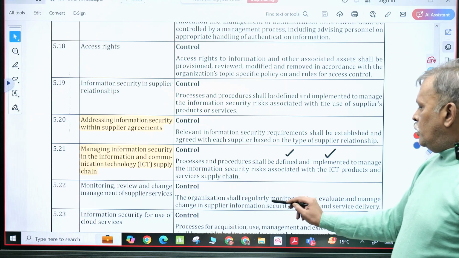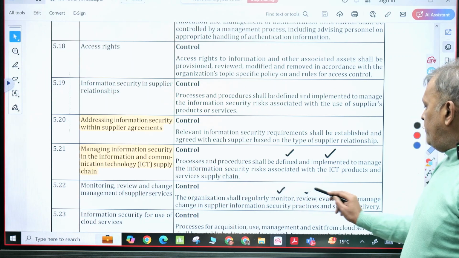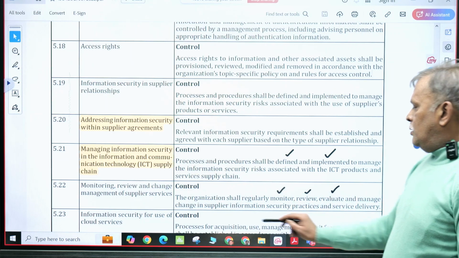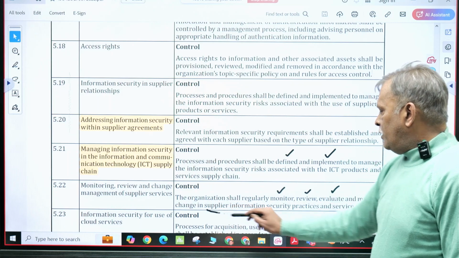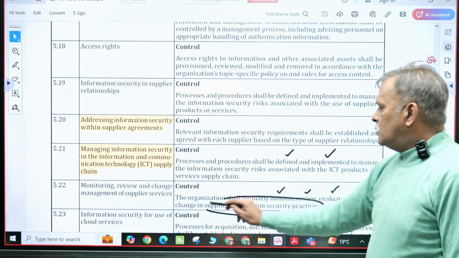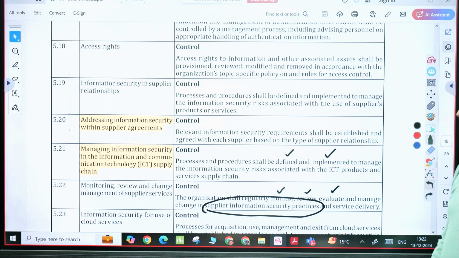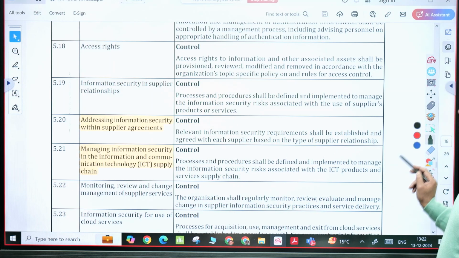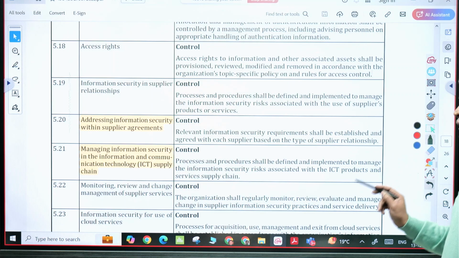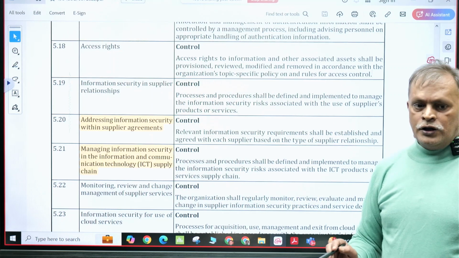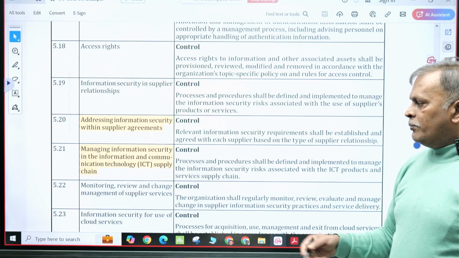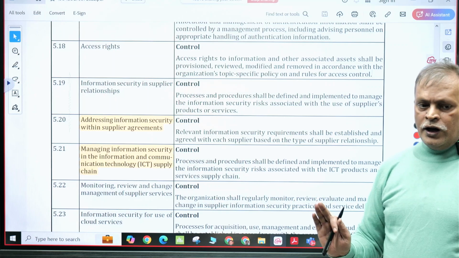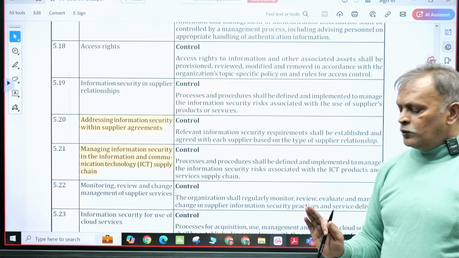You need to regularly monitor, review, evaluate the supplier information security practices at a defined periodicity. So as an auditor, you will want to see what are the current practices that the organization has vis-a-vis monitoring the supplier relationships, and how they are being monitored is what you are looking at auditing from a 5.22 perspective.